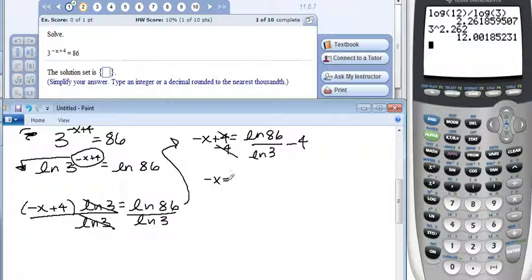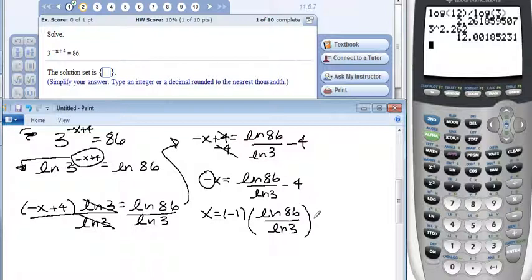So I have -x is equal to the natural log of 86 over the natural log of 3 minus 4. And at the end, I'm just going to take the opposite sign of whatever this is. Okay? So I'm going to divide through by that -1. So I'm just going to change my sign. I don't want to throw it inside of a natural log or anything like that. This means just take the opposite sign. So let's go ahead and see what that is.